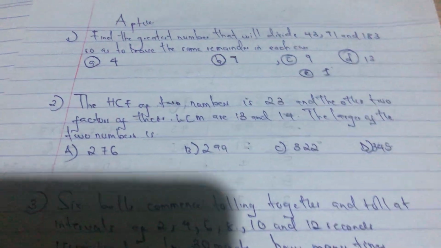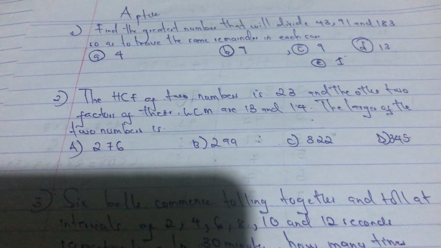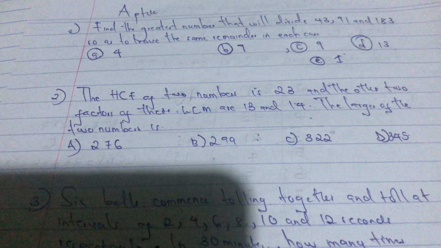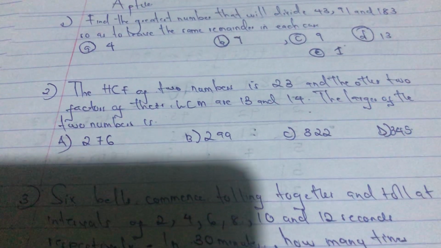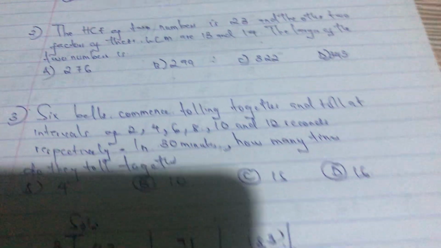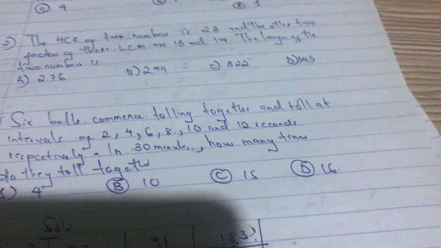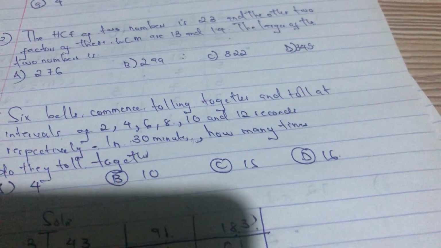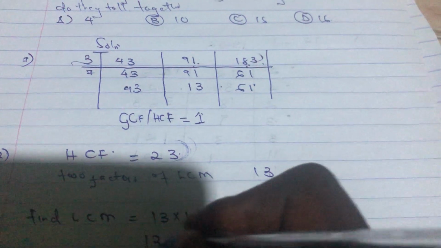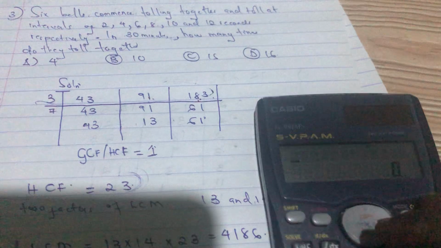But let's look back to our question. They're saying the other two factors are 13 and 14, and they want to see the larger of the two numbers. So basically, if we get 13 times 14, what do we get as the answer?